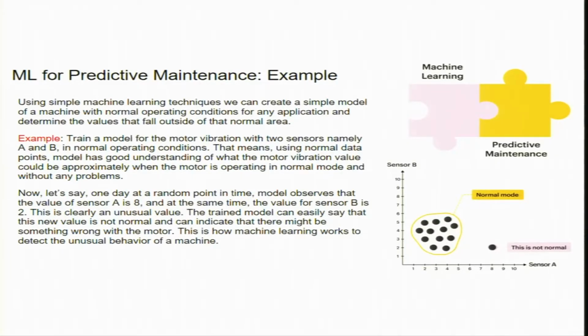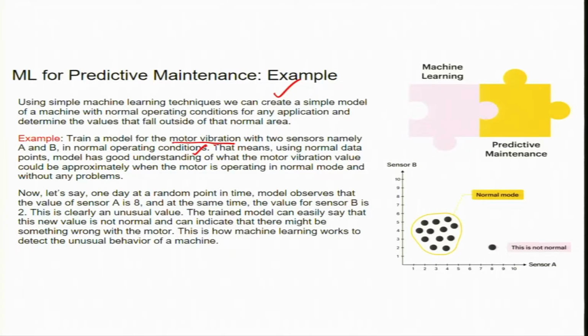Now, let us see the use of machine learning for predictive maintenance. Using a simple machine learning algorithm, we can create a simple model of a machine with normal operating conditions for any application and determine the values that fall outside that normal area. For example, we can train a model for a motor which is capturing the vibration with two sensors, namely A and B, in normal working conditions.